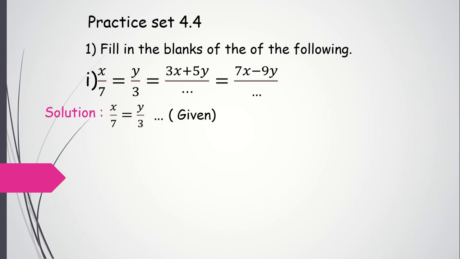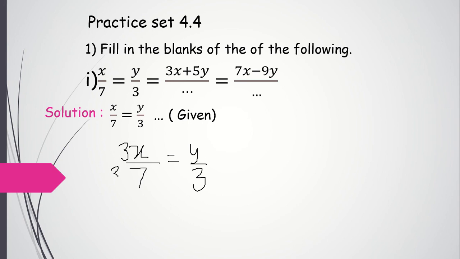Now this is what is given to us. X upon 7 is equal to y upon 3, and we have to find this 3x plus 5y. So I need 3 here, I need 3 there. See, x upon 7 is equal to y upon 3 is there. This is given to me. I need 3x, so I will multiply by 3.